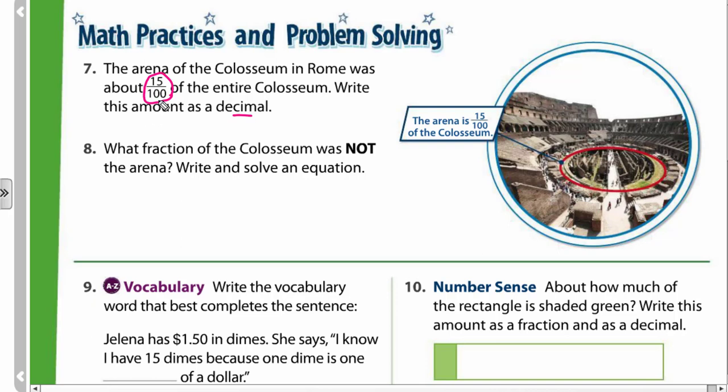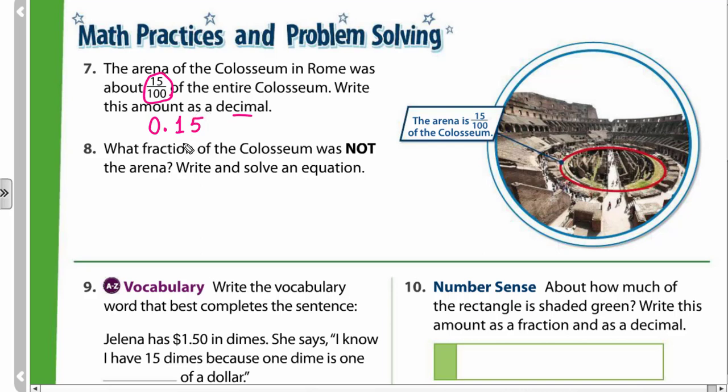We have 100 down here in the denominator. So how many digits to the right of the point? We need 2 digits, Abdulaziz. So we will put the point, and to the right of the point 2 digits. So the number should be 0.15.